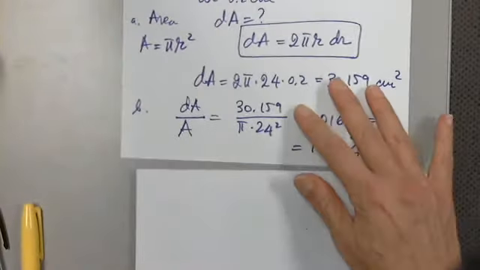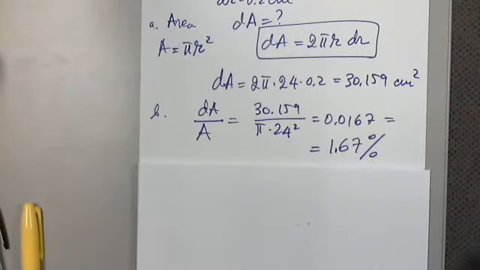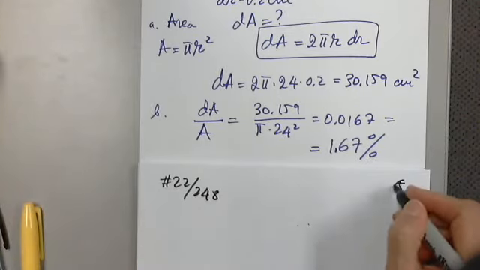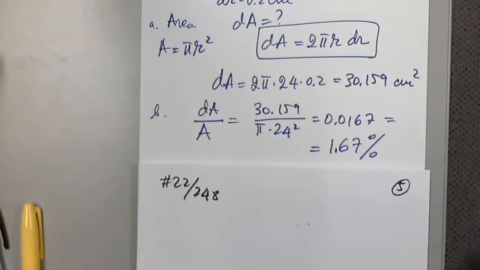Good. So that was 34 on page 255, and you also selected 22 on 248. Twenty-two, 248.